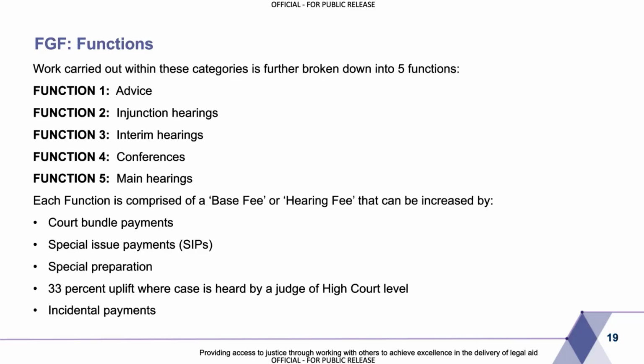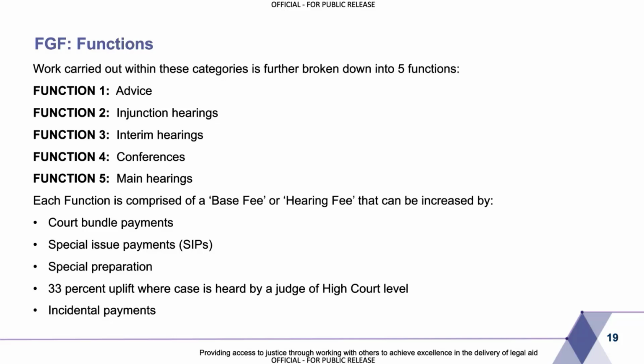So the FGF scheme is broken down into a number of different functions. Function 1 relates to a drafting fee, such as for advice, and there is a limit of 2 claimable throughout the case. In circumstances where we've granted authority for 2 advocates, both of the advocates will be entitled to claim 2 F1 fees within the case.